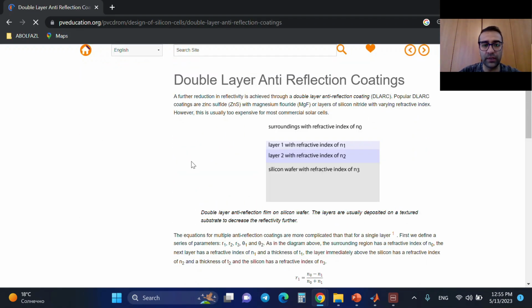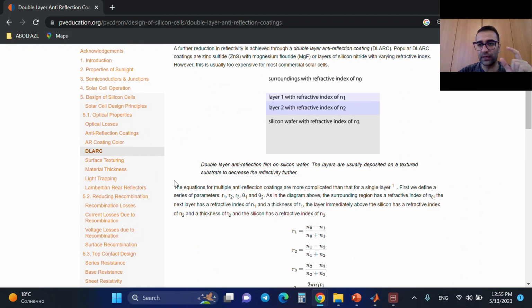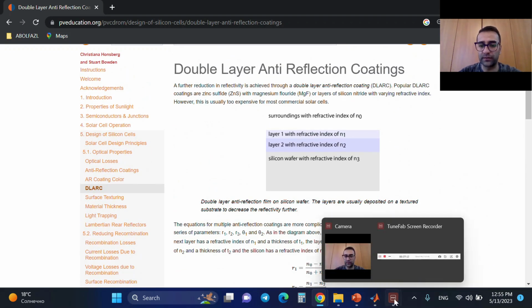Let's try to derive the power or intensity that is reflected when we have a double layer instead of a single layer.